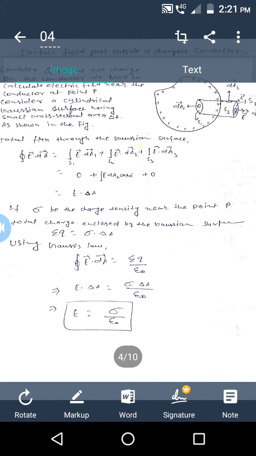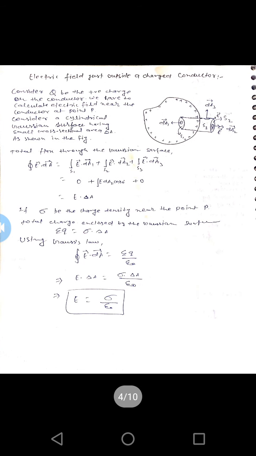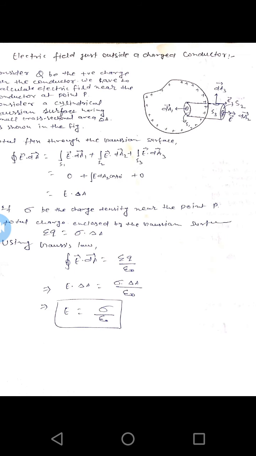Now the next application is the electric field just outside a charged conductor. Here is the charged conductor having positive charge, and in case of a conductor, charge is always distributed on the surface of the conductor. Now again consider a cylindrical Gaussian surface.